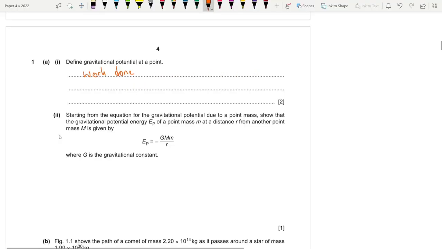It's the work done in moving unit mass from infinity to the point inside the field, okay?